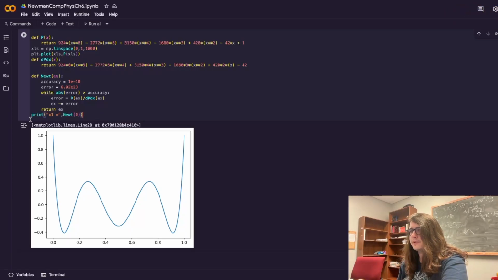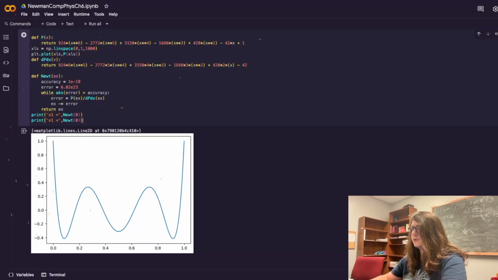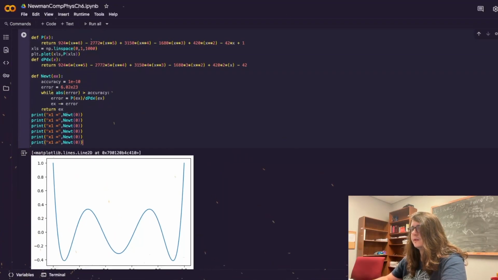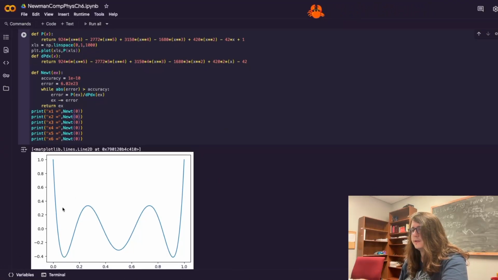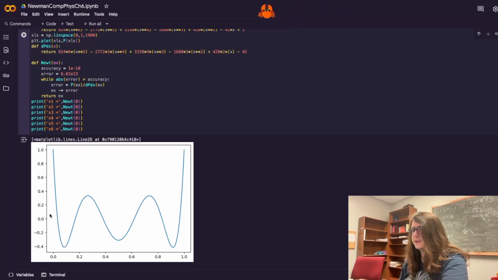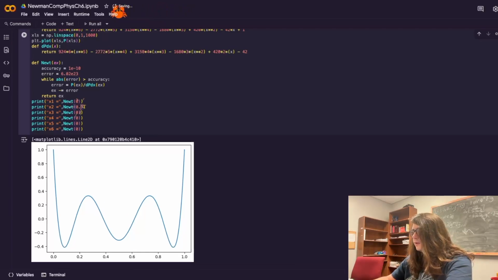And then I'm going to copy this print line down a bunch of times for the other solutions, like that for the 2nd, 3rd, 4th, 5th, and 6th roots. So the first root is taken care of here. The second root is going to be around 0.2, I would think.